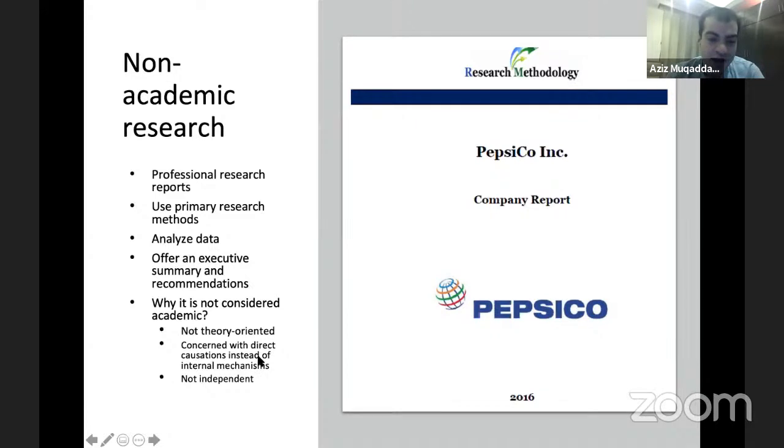So it's interested in direct causation instead of internal mechanisms. So we see a decline in sales because of that shift in generational preferences.